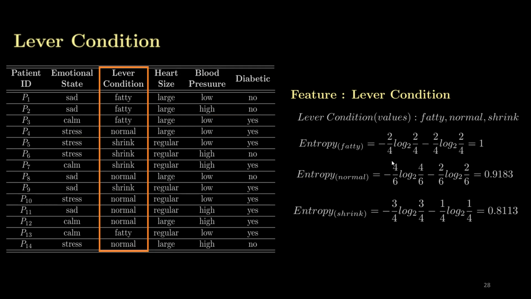So it appears 4 times with the label yes and 2 times with the label no. If we solve this, we will get the entropy of the normal value, which is 0.9183. Similarly, we can calculate the entropy of the value shrink. Shrink appears 4 times in the liver condition column, 3 with the label yes and 1 with the label no. If we solve, we will get this value.